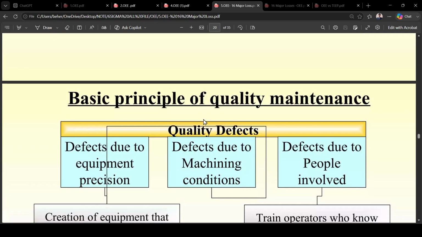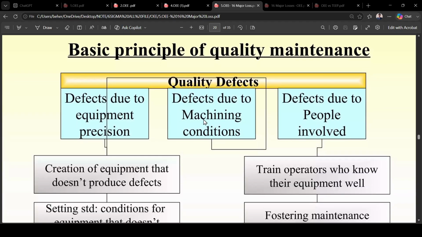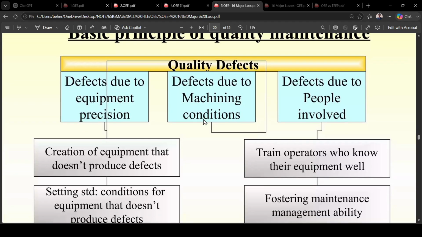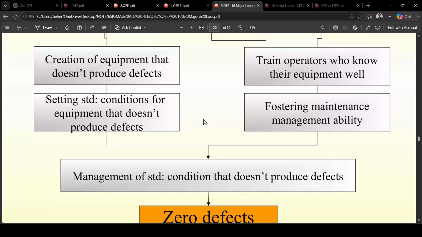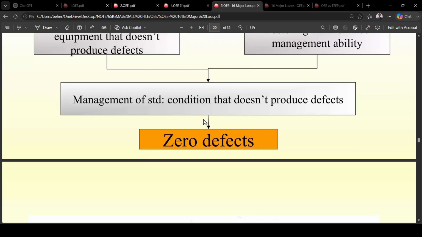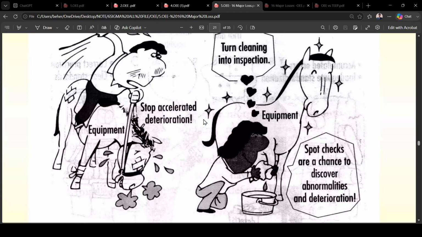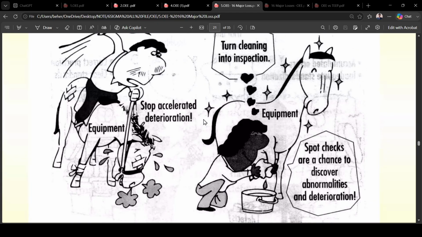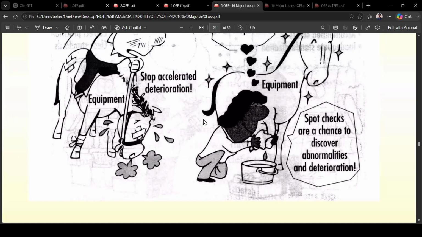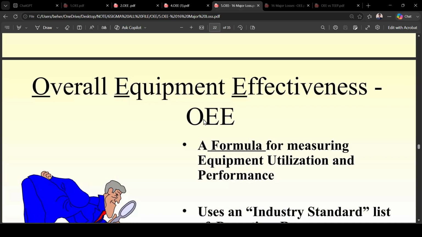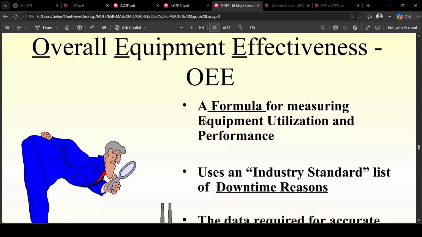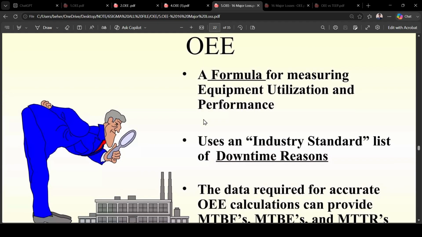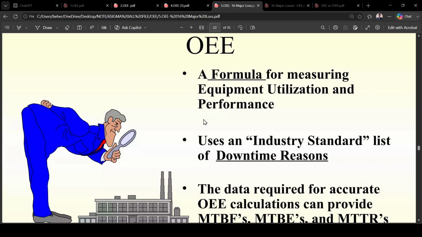And the basic principle of quality maintenance. And overall equipment effectiveness, OEE. A formula and how to use the formula for measuring equipment utilization and performance uses an industry standard.